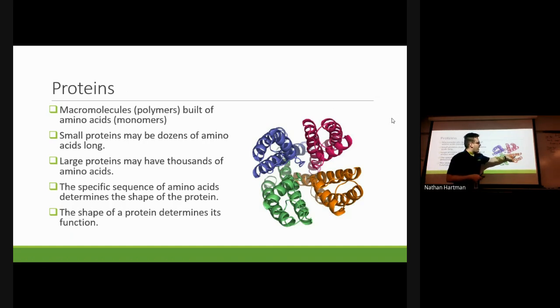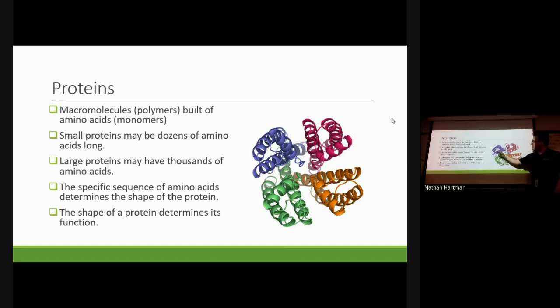Each of these little pockets you see here is just the right shape to be able to hold a compound called heme. And that heme compound contains iron. And the iron in the heme can bind to oxygen and hold on to the oxygen, right? And that's what allows your blood to pick up oxygen in your lungs and then transport it to your cells, your tissues, all throughout your body, right?